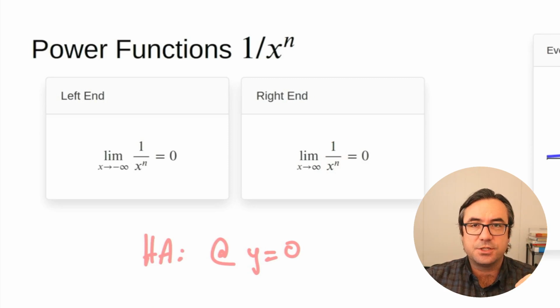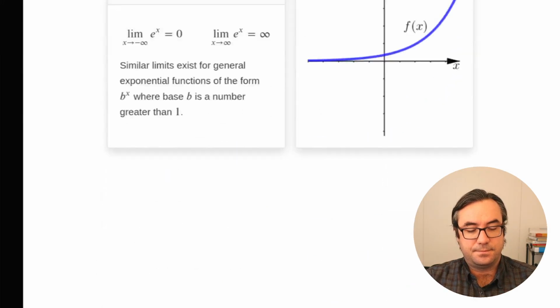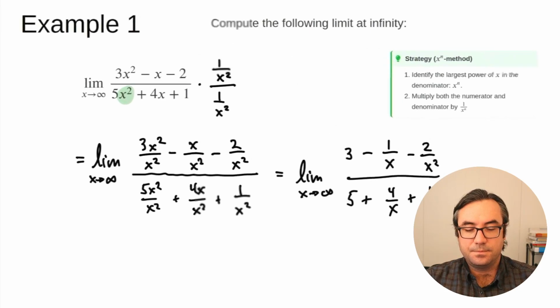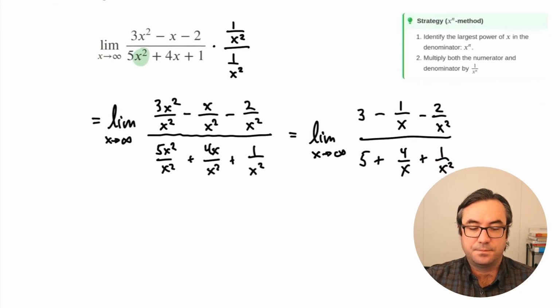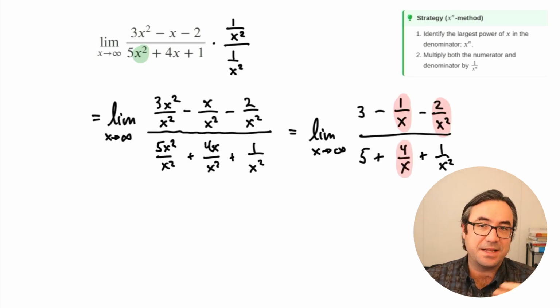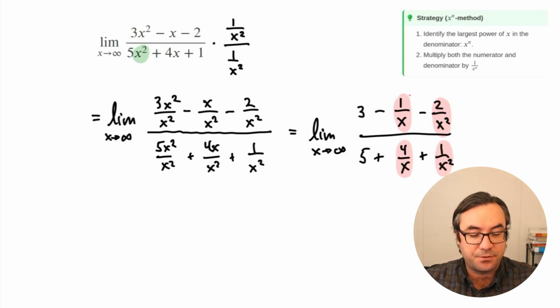So all those little fractions where we have a constant on the top and an x term in the denominator are all going to go to 0 as x gets large positive. So this 1 over x is going to go to 0. This 2 over x squared, going to 0. The 4 over x, going to 0. And the 1 over x squared is also going to 0.